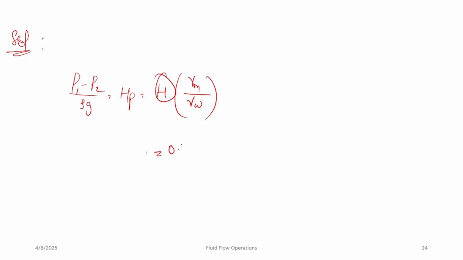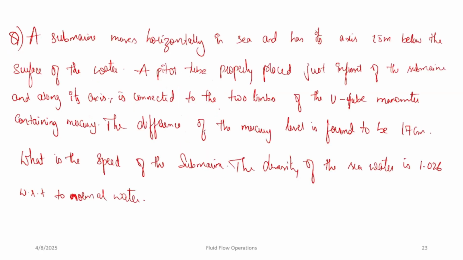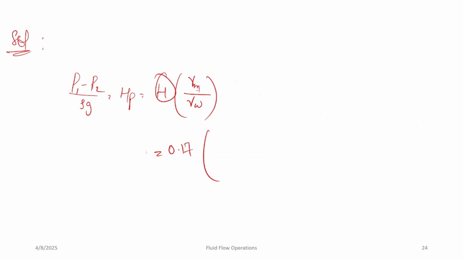Okay. So we have this equation (P1 minus P2) by rho g is equal to HP, right? Which is equal to H into gamma m by gamma W. Okay. So we were given a value of H, that is 0.17 meters, height of mercury, so it is given here. Okay. And what is the value of gamma mercury? It is 13.6, and gamma water is 1. Okay.